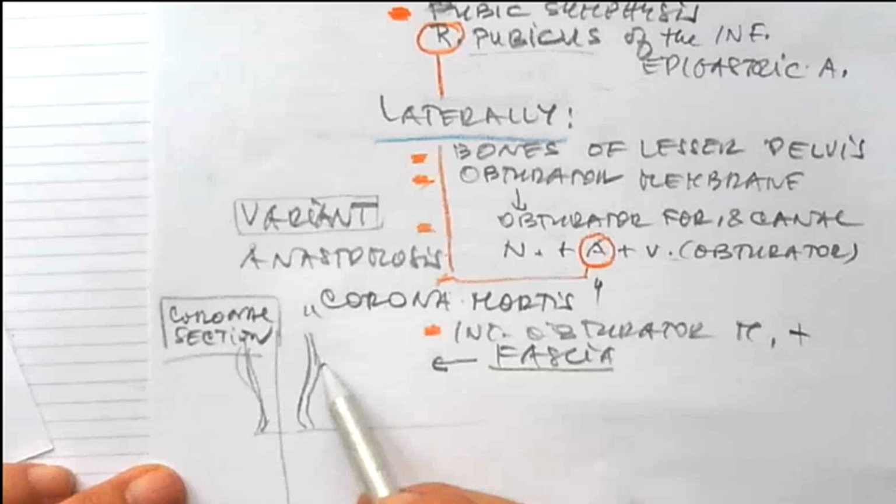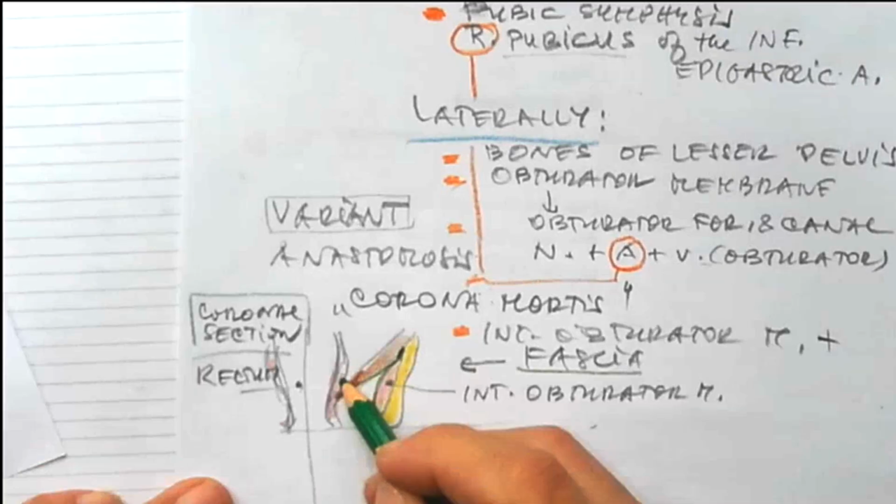Muscle, internal obturator. Its fascia, using green, covers the muscle, covering also the levator ani on both sides. And here is the duplicature. I'm drawing it much bigger than it is. It's just a small duplication, but important for us to know that there is the pudendal nerve, pudendal artery and vein. So without any details, because we will speak about that also at the end of the topic, we see this fascia.